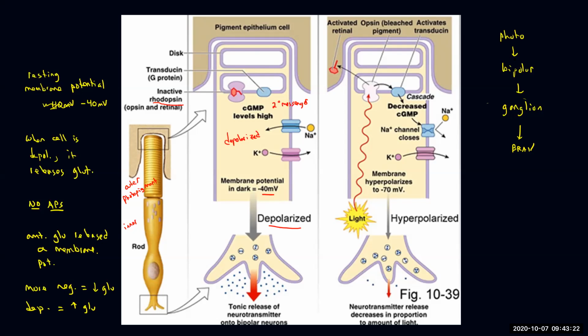So we have neurotransmitter being released here. Normally, again, the sensible, intuitive thing would be that light would somehow increase the amount of neurotransmitter. That would tell us there's a stimulus there, right? But again, that's not how it works. What is going on is in the dark, we release glutamate.